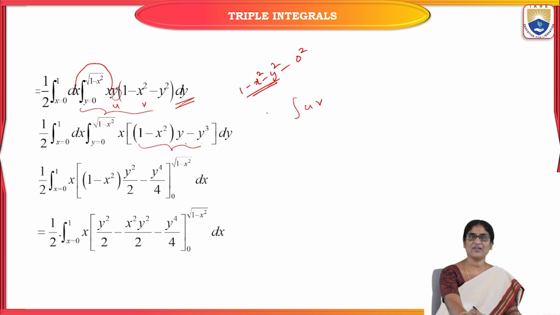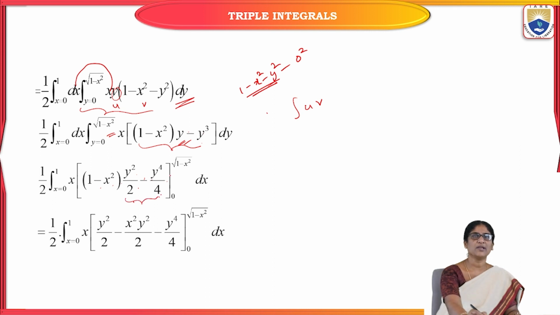Now wherever y is there, you need to apply the limits. The limits are from 0 to root over 1 minus x square. So the upper limit we apply first. The integral of y is y square by 2, minus y to the power of 4 by 4. So 1 minus x square into y square by 2, minus y to the power of 4 by 4. This is the value we got.